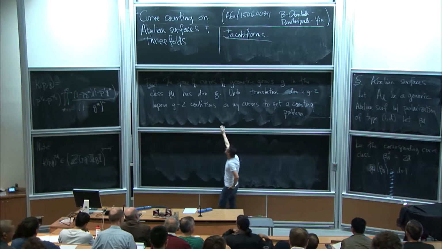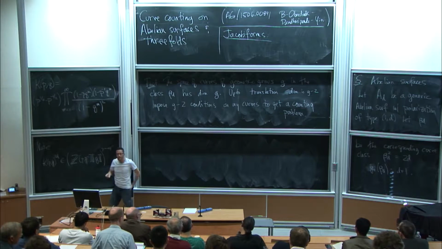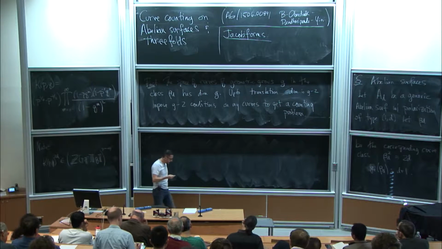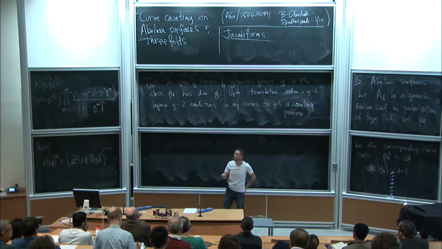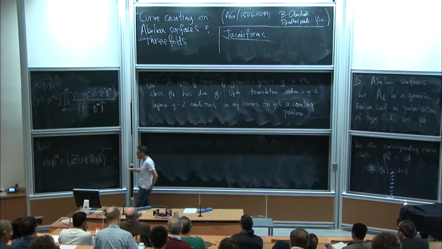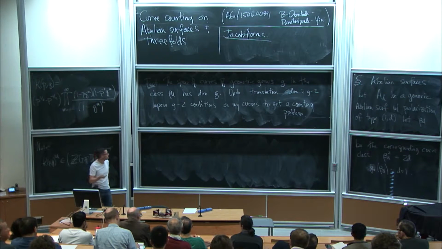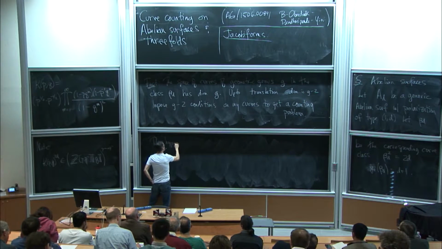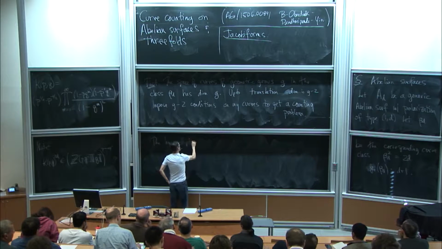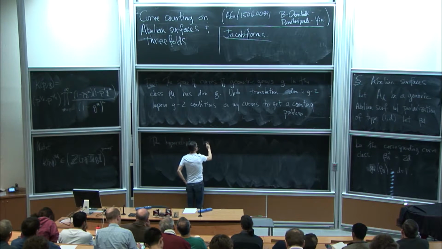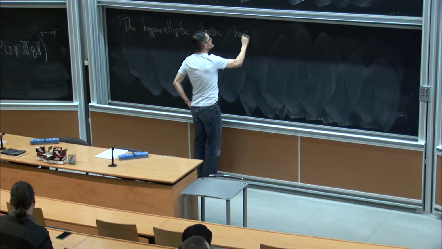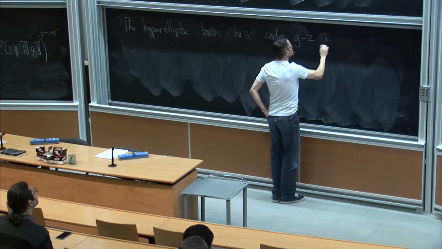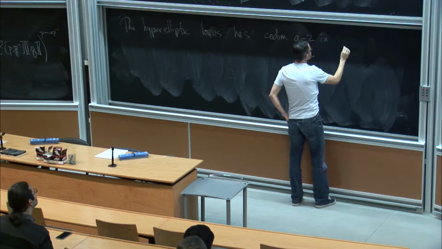All right. So I want to impose G minus 2 conditions on a curve, right? So there's a really natural way to do this. You may recognize the hyperelliptic locus has codimension exactly this G minus 2 in the moduli space of curves.